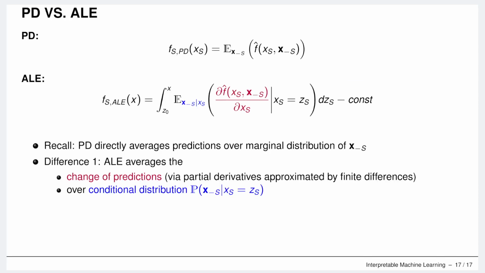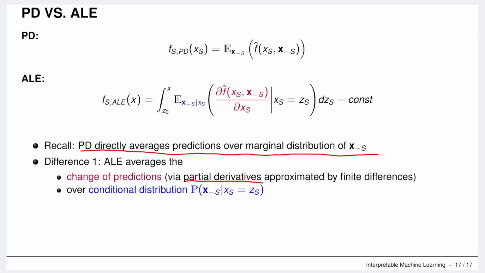Now let's compare some properties of partial dependence plot and AL plot. Just remember that partial dependence directly averages the predictions over the marginal distribution, which can lead to the extrapolation issue. The first difference of AL plot is that AL averages the change of predictions, which are computed by partial derivatives.